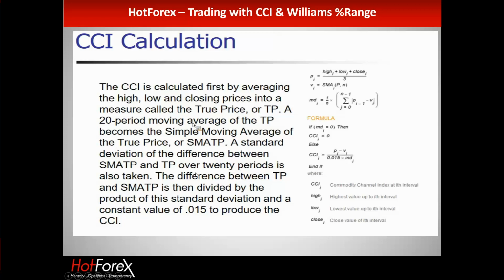It's looking for a deviation away from the 20-period moving average, the difference between the true price, the TP, and this moving average of the true price. Don't really need to know, but if you want to know the maths, here it all is. Basically it's all to do with high, low, close, and the actual interval, the spread. So the deviation is a constant. With CCI, the standard deviation is set at 0.15.